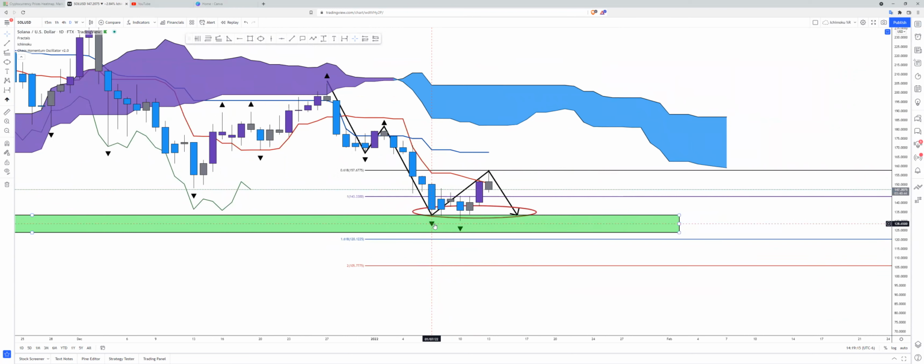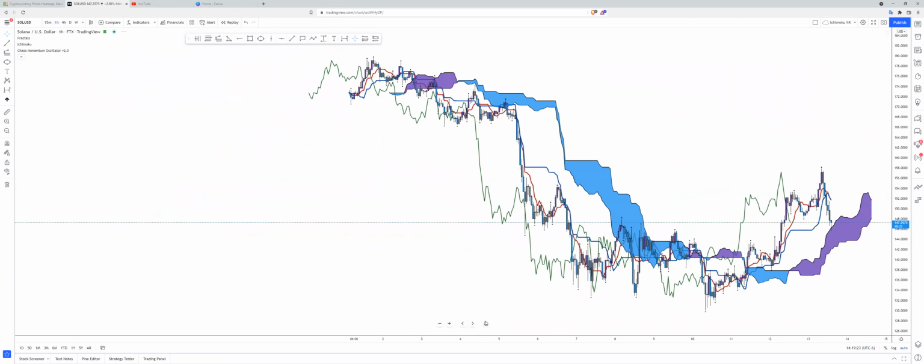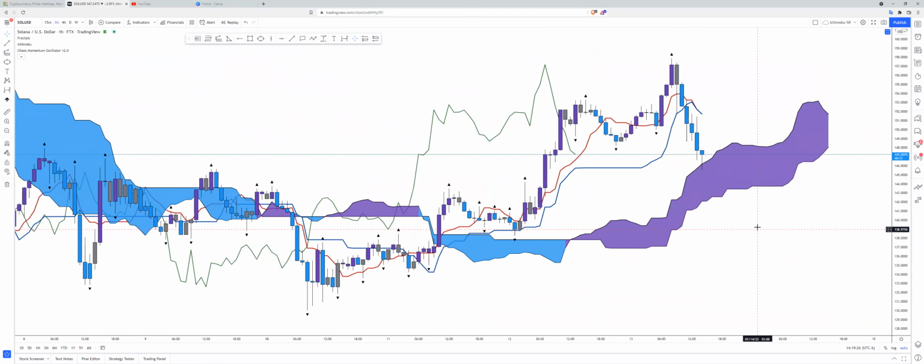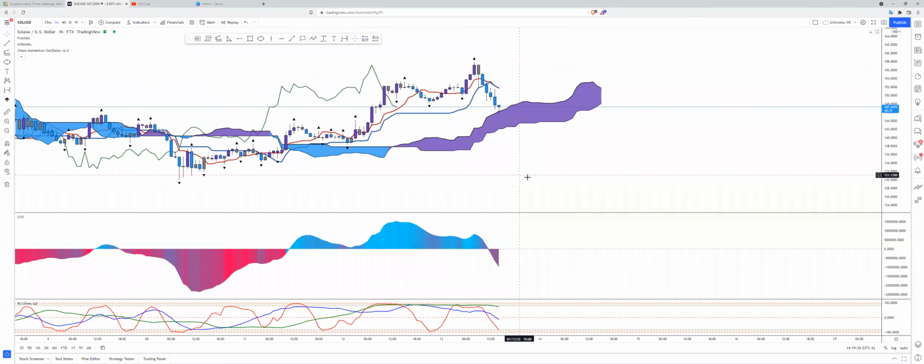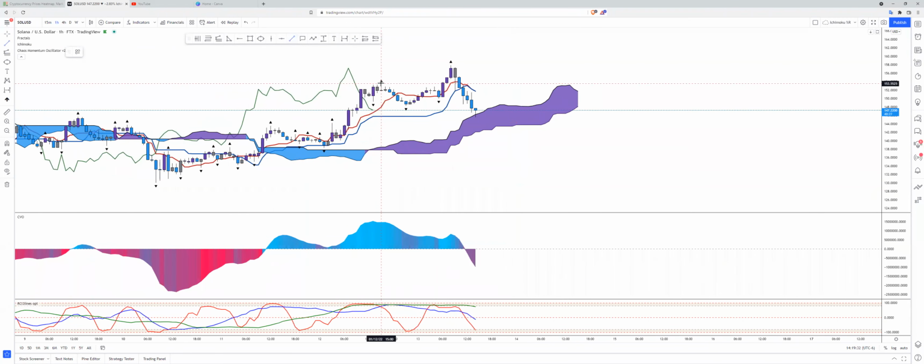It is overall bearish. It is overall bearish. But this is where I would play it just to make sure. Let me see if there's any divergence here to be a little less stressed about this type of trade. So yeah, we do have some bearish divergence here as well.